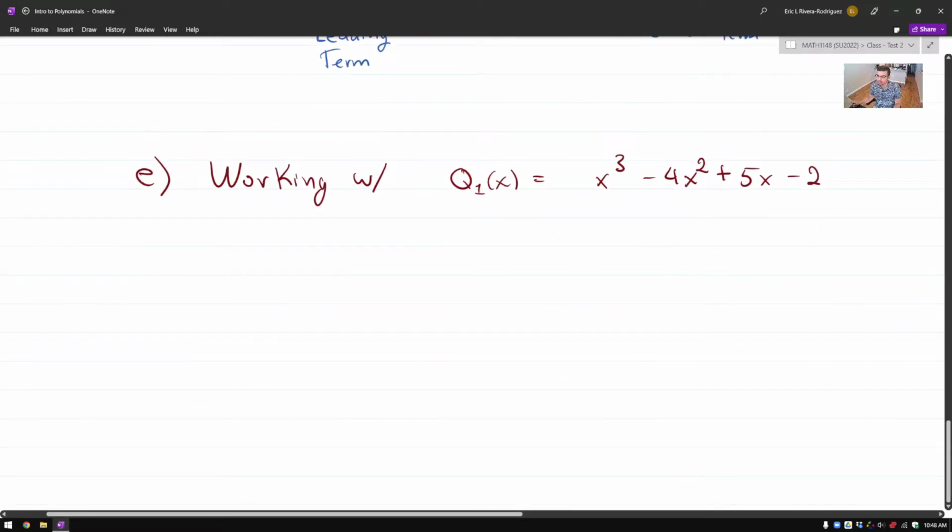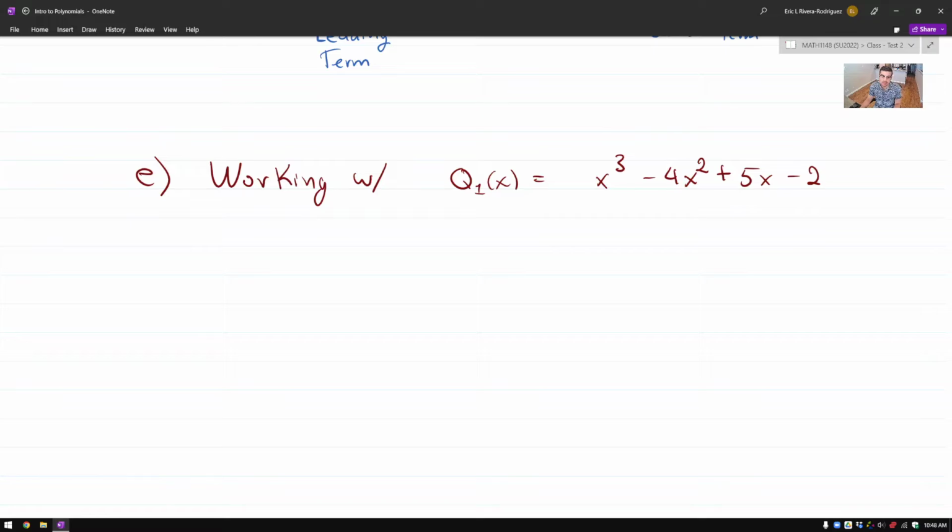We're going to start working with that. Then we are going to identify a zero of this polynomial. To identify a zero, what we need to do is list all possible rational zeros.